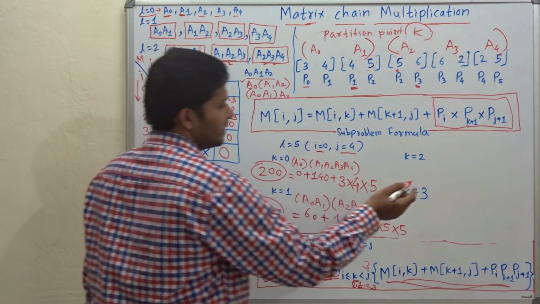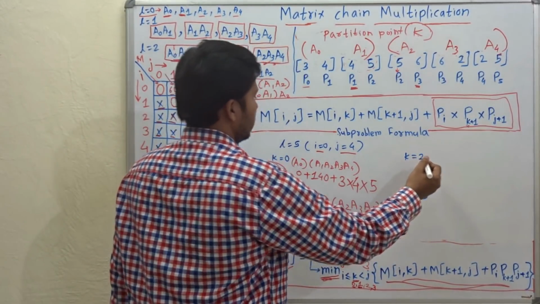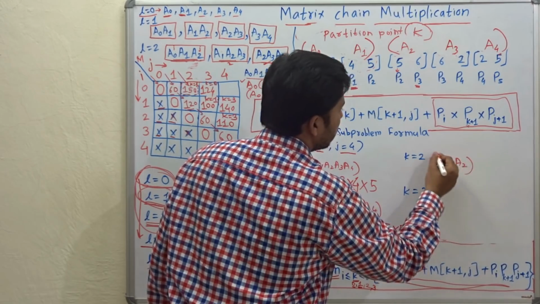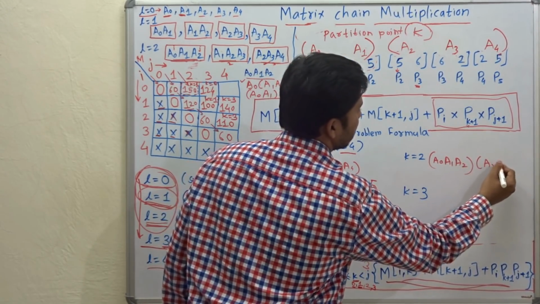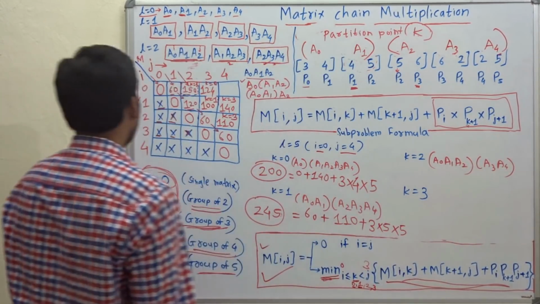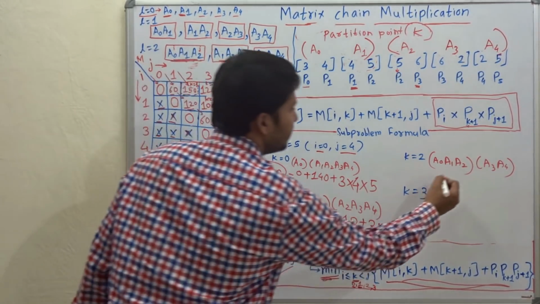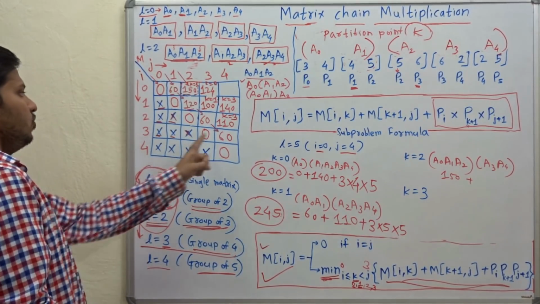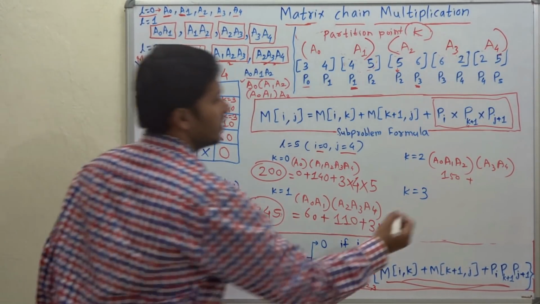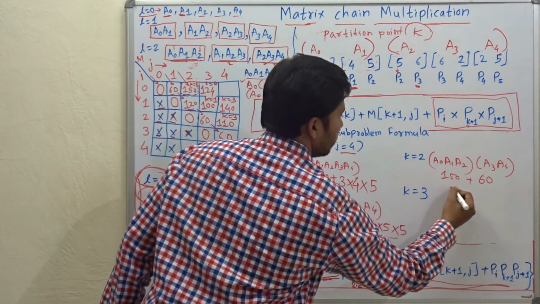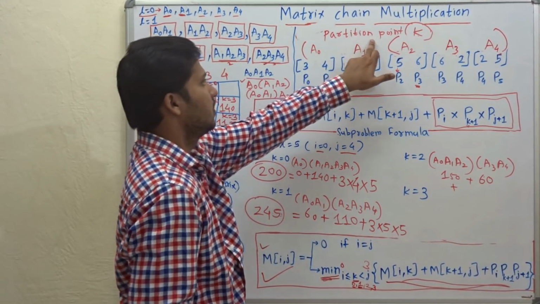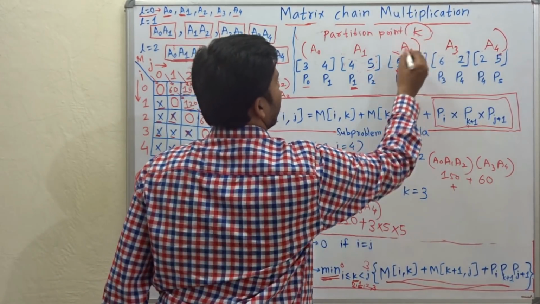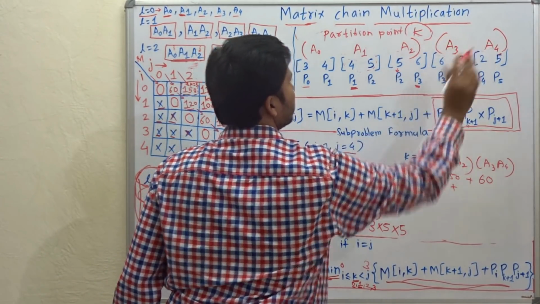Now let's go for k equal to 2. So the partition is A0, A1, A2 and A3, A4. Now from 0 to 2, 150 is the cost, plus 3 to 4, 60 is the cost, plus see, 0 to 2 is one partition and 3 to 4 is another partition.